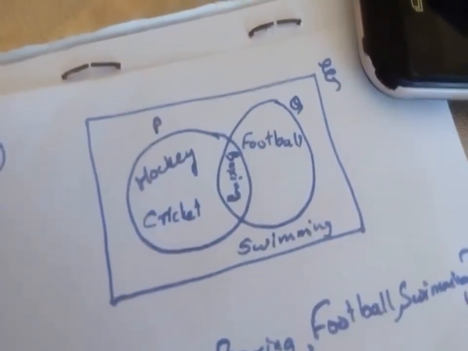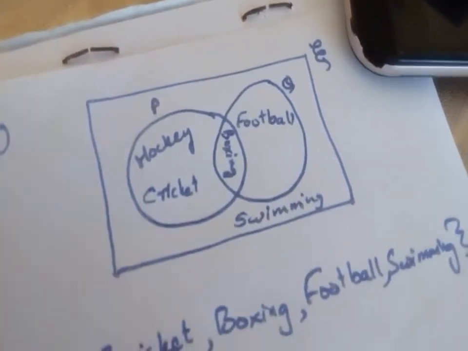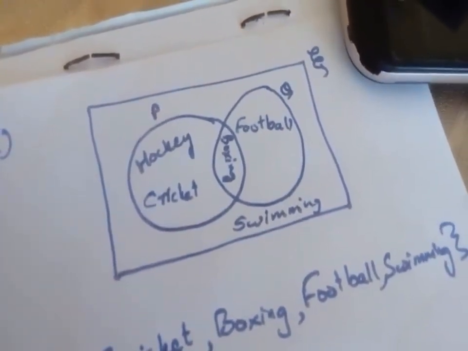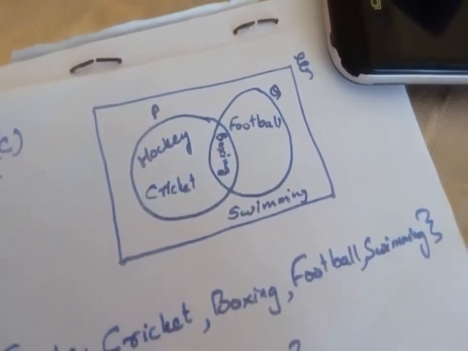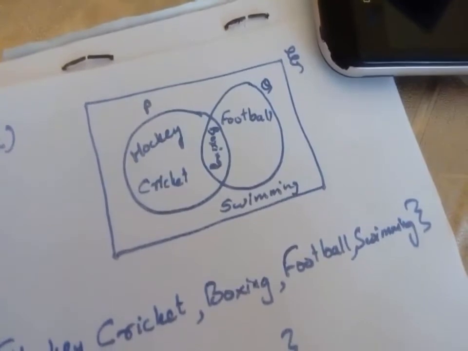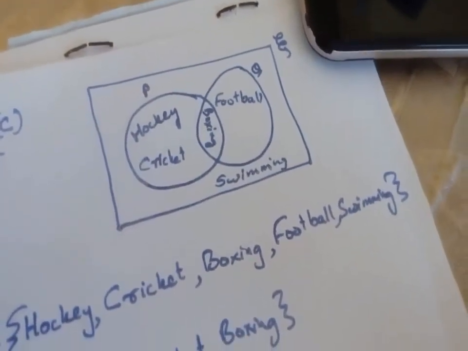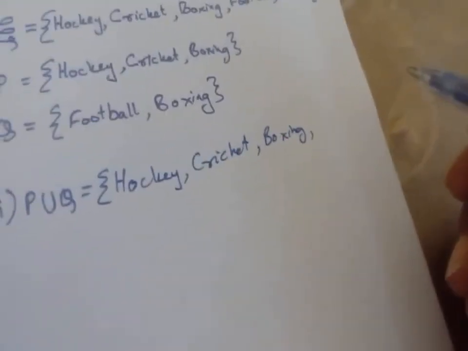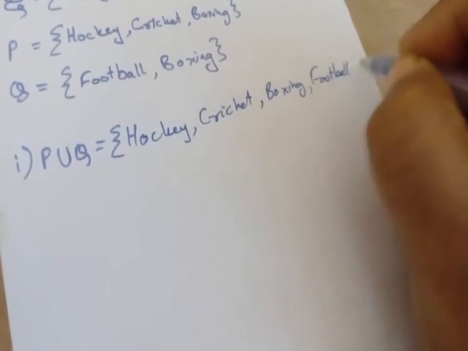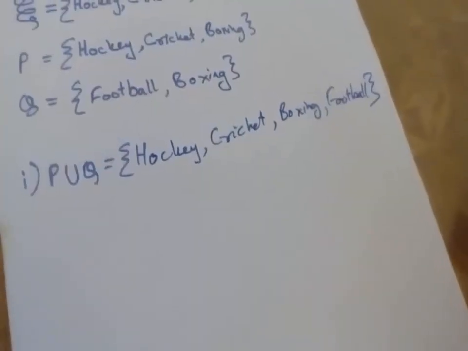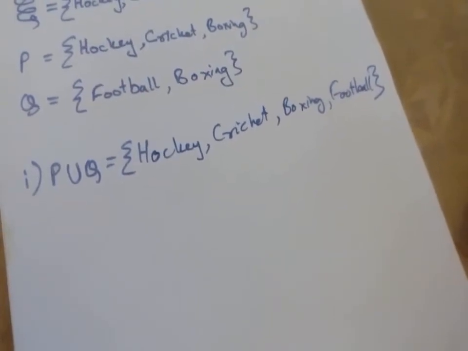P union Q will contain all the elements of P and Q. P contains hockey, cricket, boxing, and Q contains boxing and football. Boxing we have already written once, so we will write only football, and that's it. Just by looking at the diagram we can do the first part of question number C.